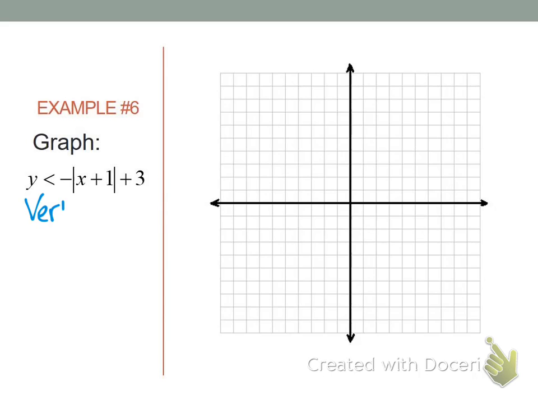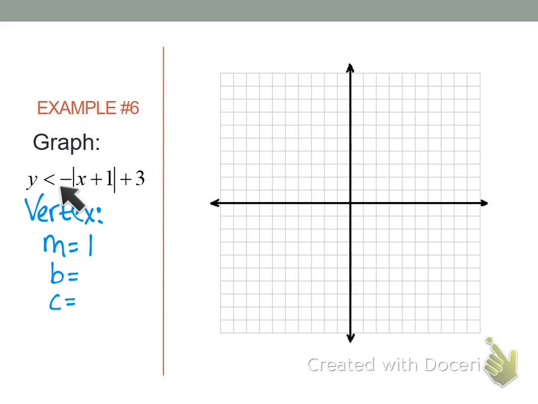Again, I think it's important to identify our vertex first. To do that, I need to know what M, B, and C are. 1, 1, 3. Yes, our slope, or M, is 1. That's what's right in front of the x.